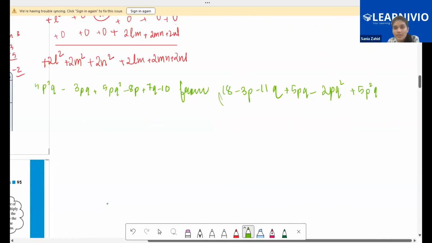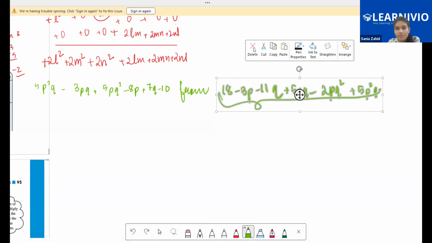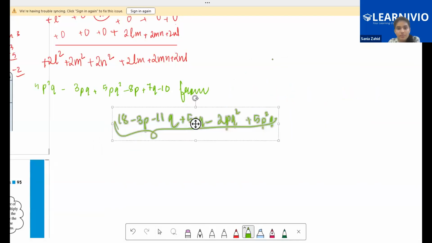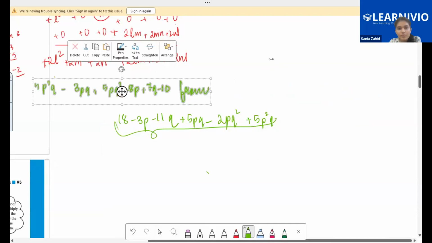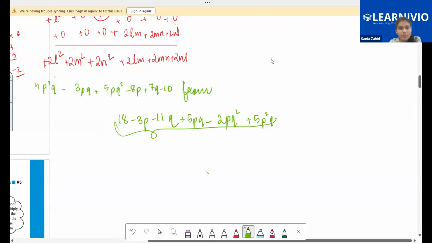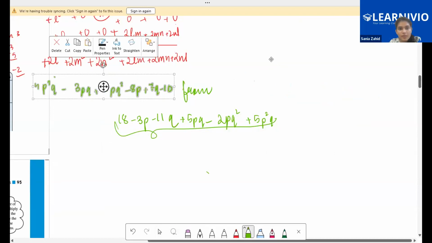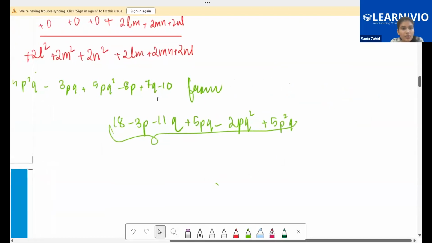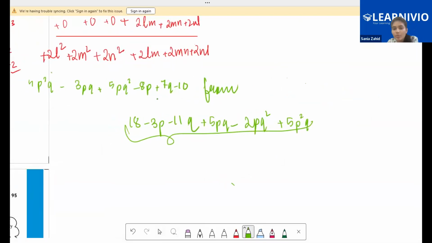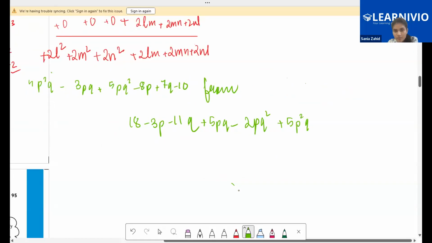So first of all, you will consider this expression and write it. So I can copy this expression now. And then I will take this expression. No, this we can't write directly. So you'll take 4p square q. So where will you write 4p square q now? Under 5p square.